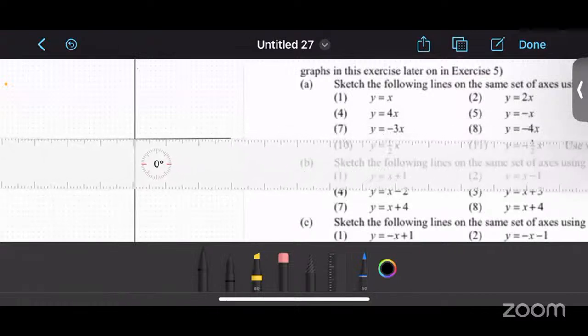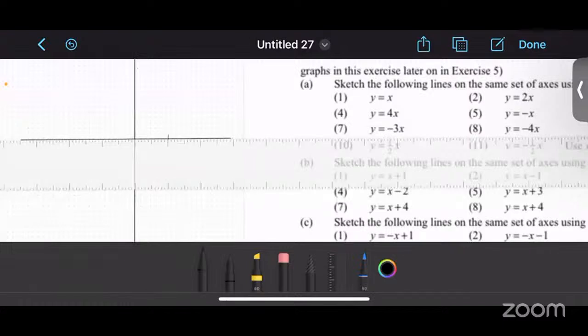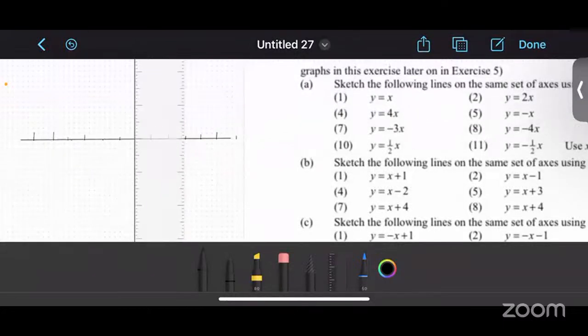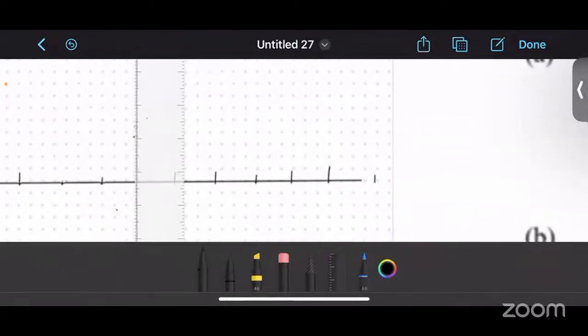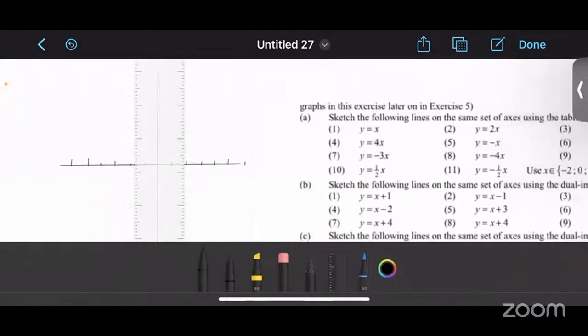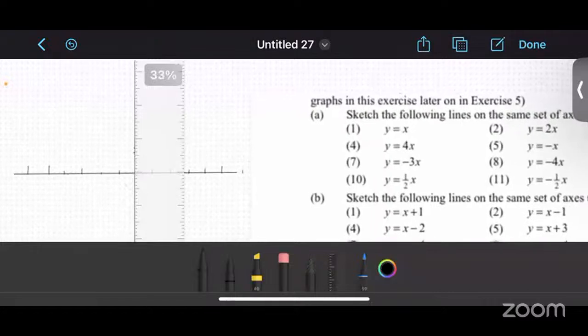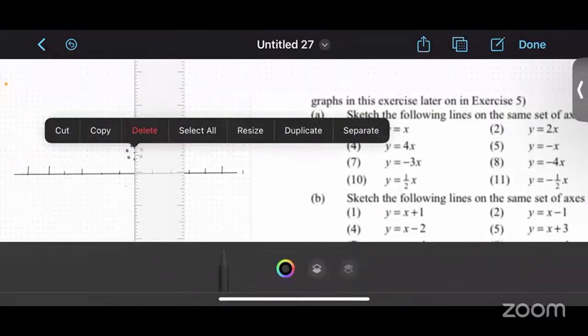Oh no, I moved it by mistake. Okay, let's do the very same thing on this line, so we can have a properly drawn graph.